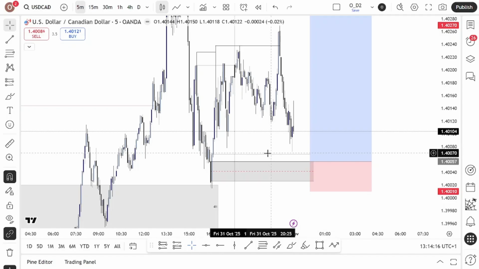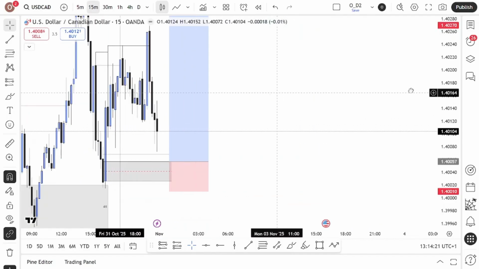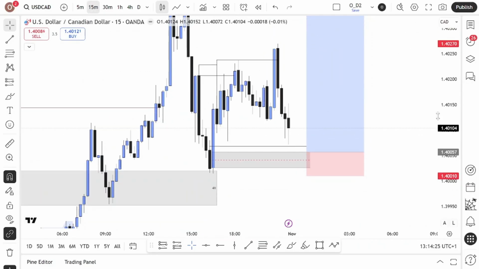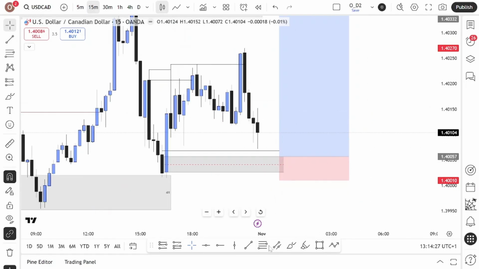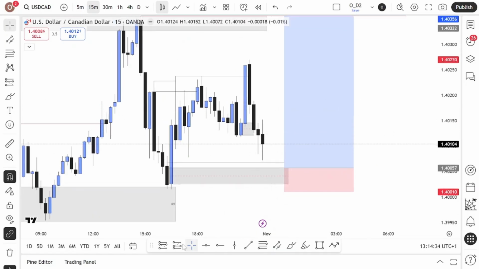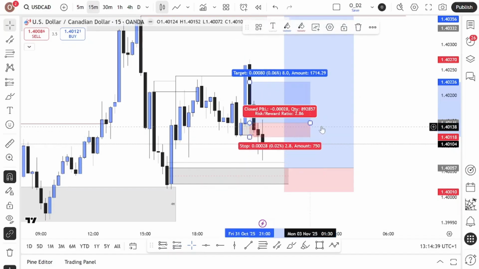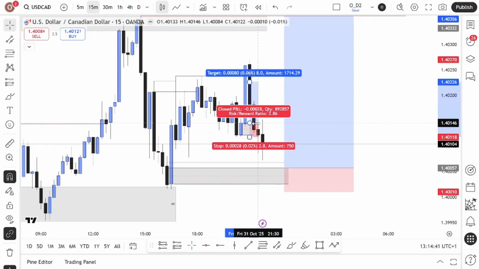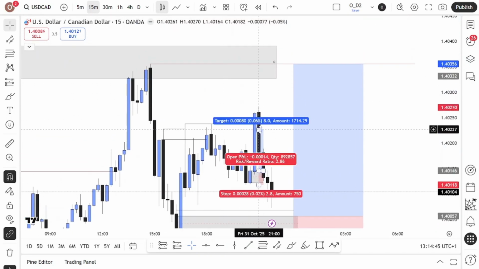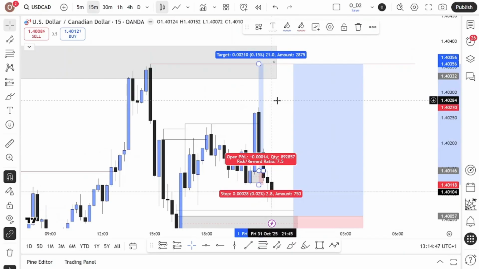So truth is, if you had taken this guy from the flip zone, well, you get hit. That's just facts. You would have gotten hit here before the end of Friday, because you are going to be having your stop loss right here, and you would be having targets here for a possible 1 to 7.